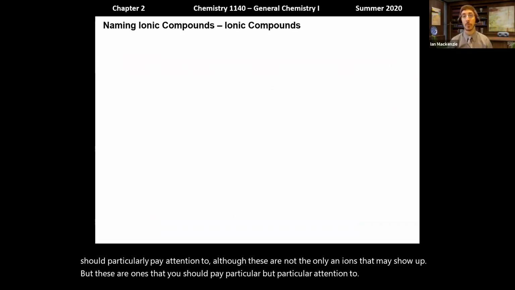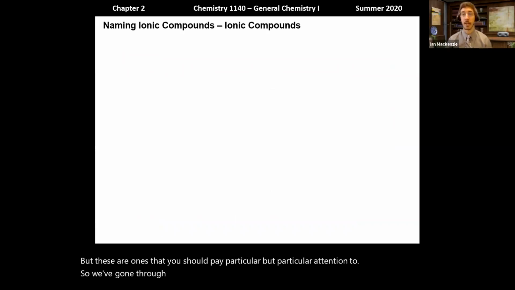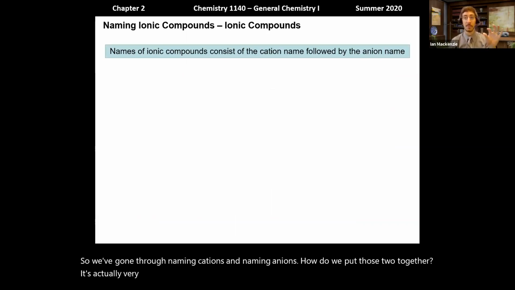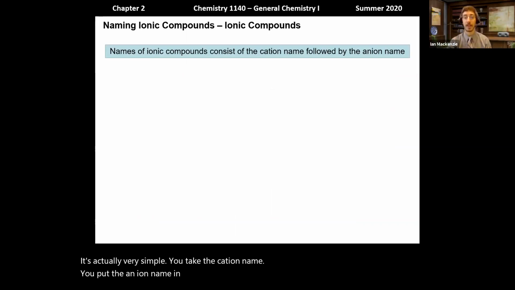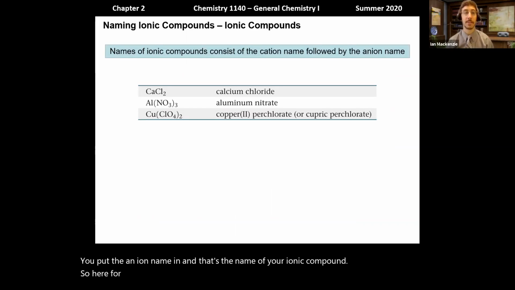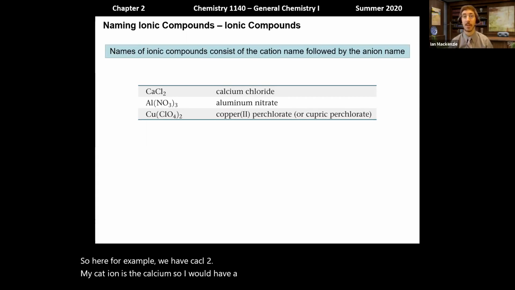Okay, so we've gone through naming cations and naming anions. How do we put those two together? It's actually very simple. You take the cation name, you put the anion name in, and that's the name of your ionic compound. So here, for example, we have CaCl2. My cation is calcium, so I would have a calcium ion, and the anion is chlorine.